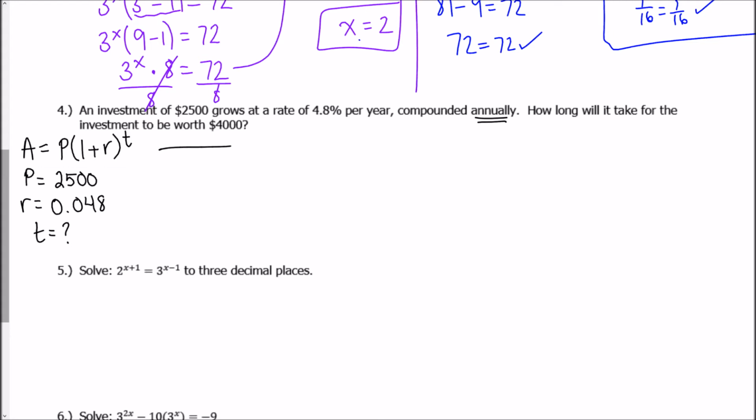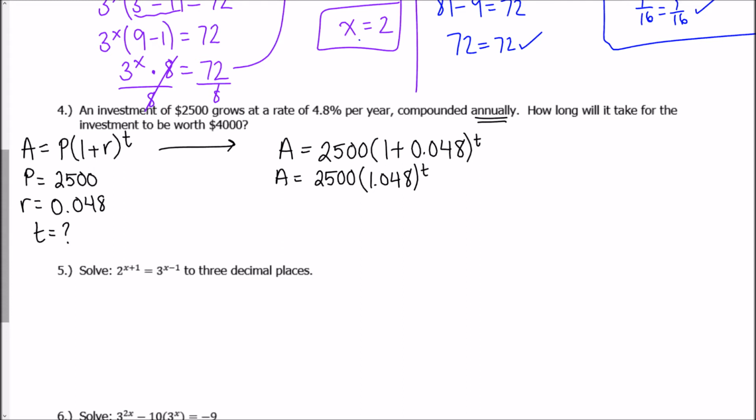So this is going to tell me right here that A is equal to my principal, which I now know is 2,500, times 1 plus 0.048 to the power of t. Okay, so I can simplify this and say it's 2500 times 1.048, all raised to the power of t.